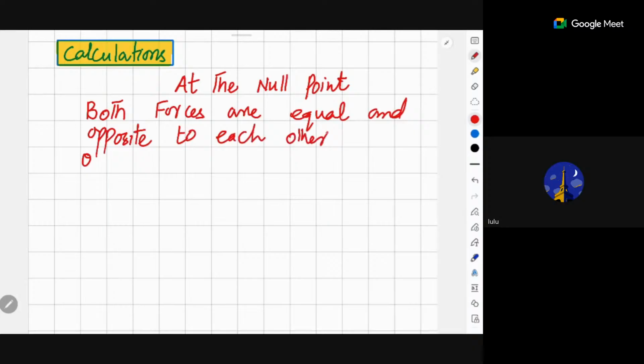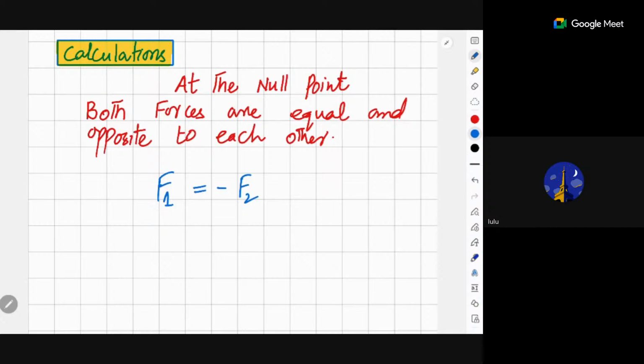That is why we say that F1 is equal to F2, because both the forces are gravitational, attractive forces.